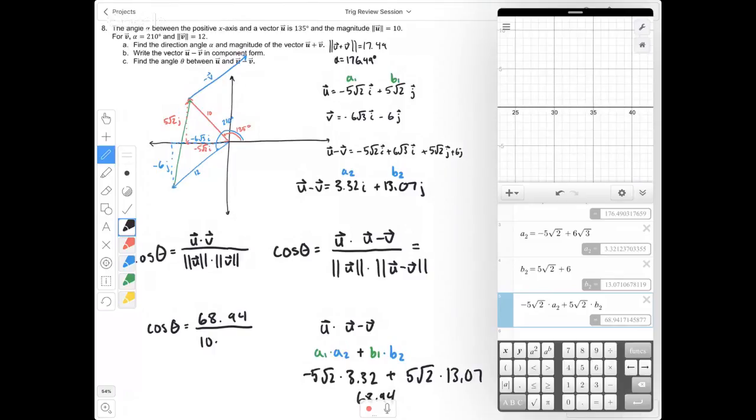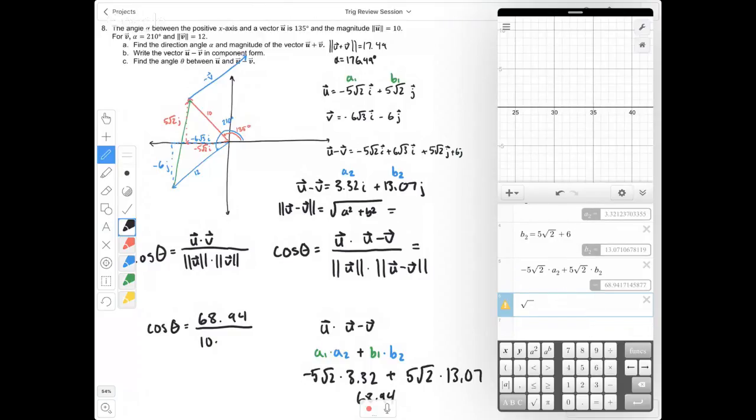But it's the square root of a squared plus b squared. So it equals square root of a2 squared plus b2 squared. 13.48.